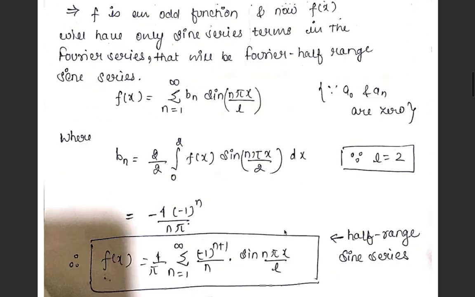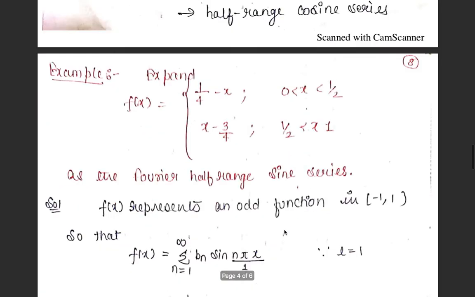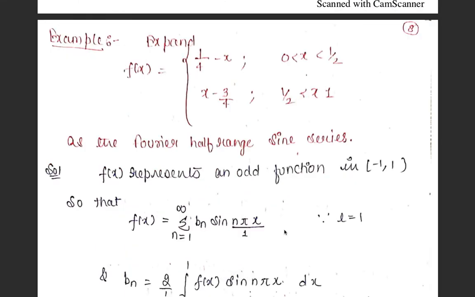We are going to use the same concept here. For a Fourier half range sine series, we are required to take the extended interval, and for an even function, we have to take the modulus of the function. So the new f of x represents an odd function in the interval -1 to 1.